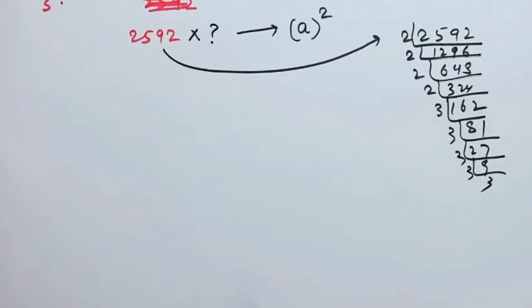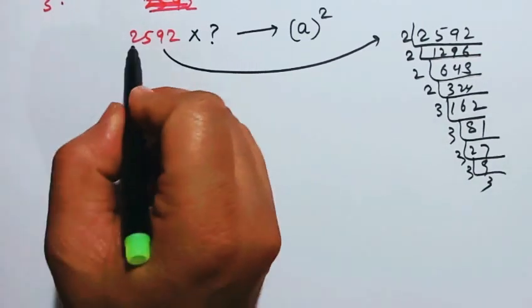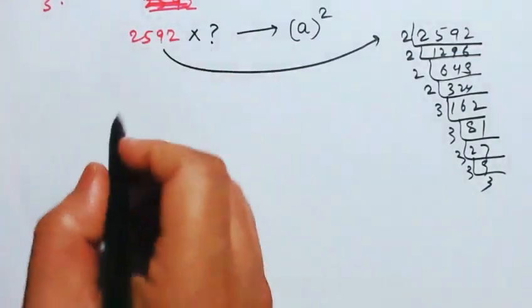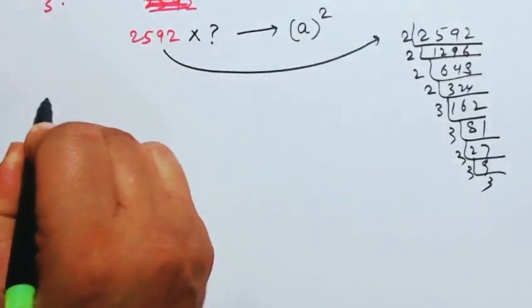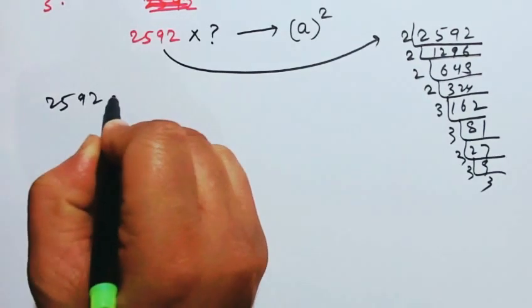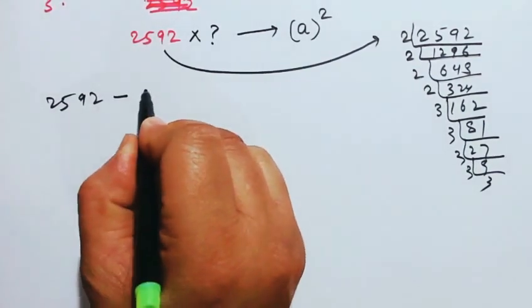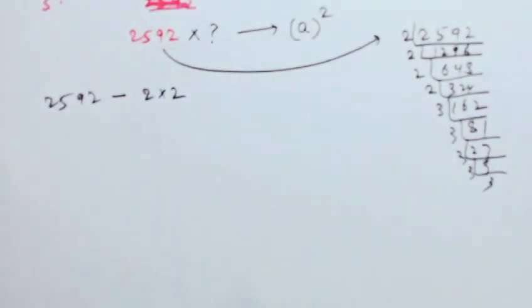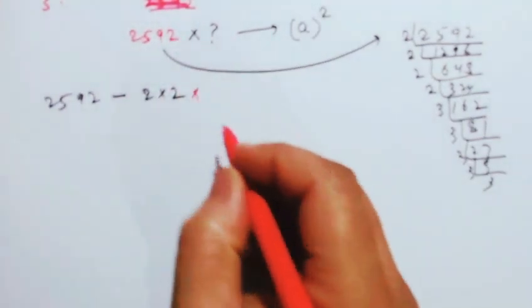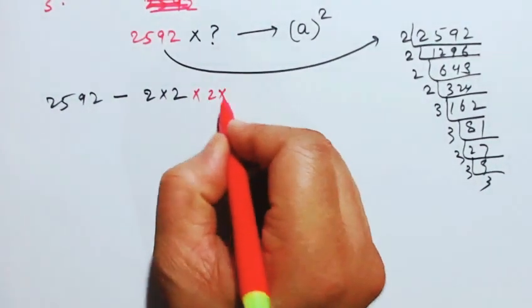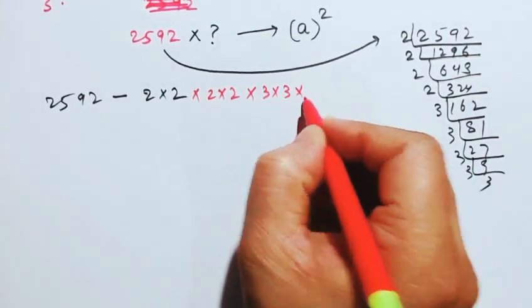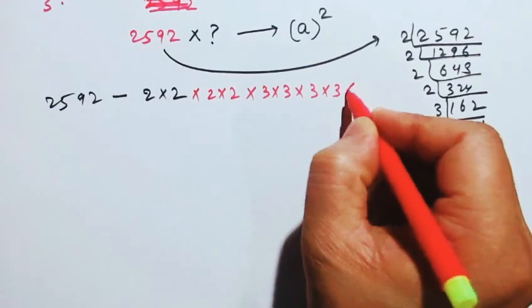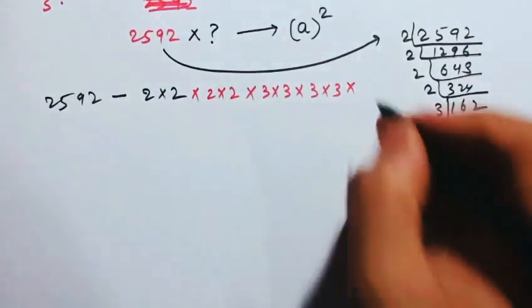So I find that 2592 can be written as 2 times 2 times 2 times 2 times 2 times 3 times 3 times 3 times 3.